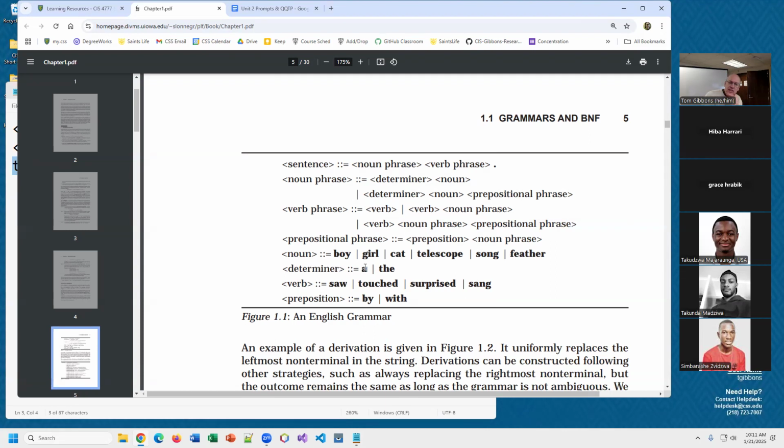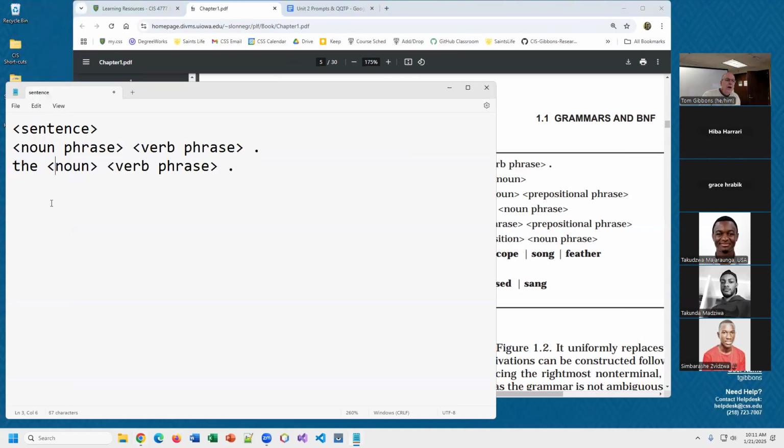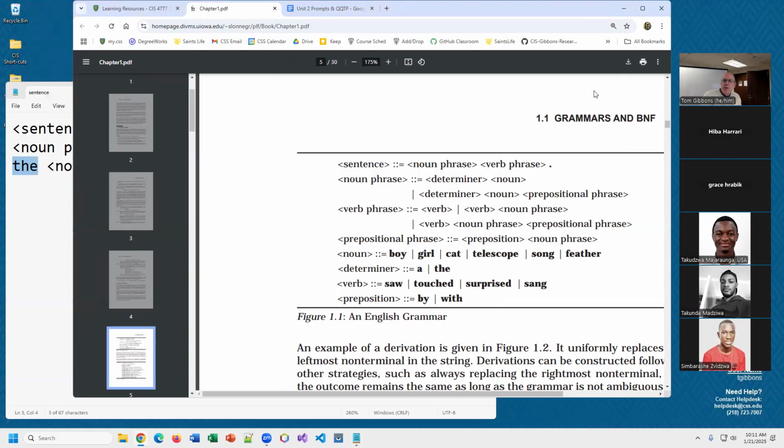When we have a symbol that's not in brackets, that's our terminal symbol, or a final symbol in our language. In this case they're also bold, but they don't necessarily have to be bold. It doesn't have the greater than, less than around it, so we can't substitute that anymore. All right. So now what else?